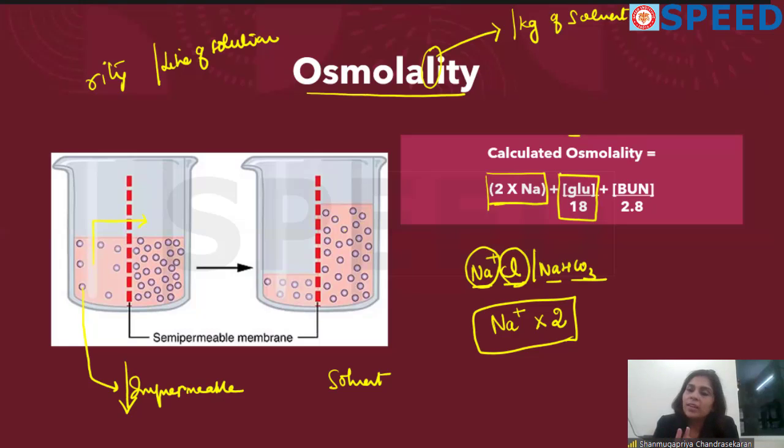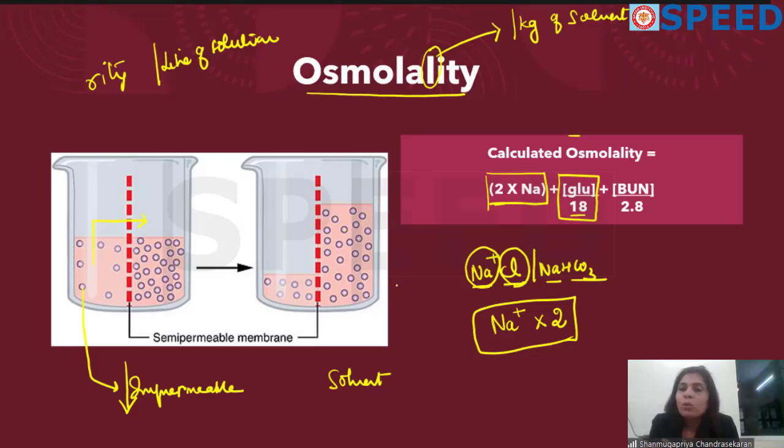To convert weight into number, you divide by molecular weight. That is why you divide by 18. The same is the reason for blood urea nitrogen by 2.8. So the formula for calculating osmolarity of serum or plasma is 2 into sodium plus glucose concentration by 18 plus blood urea nitrogen by 2.8.